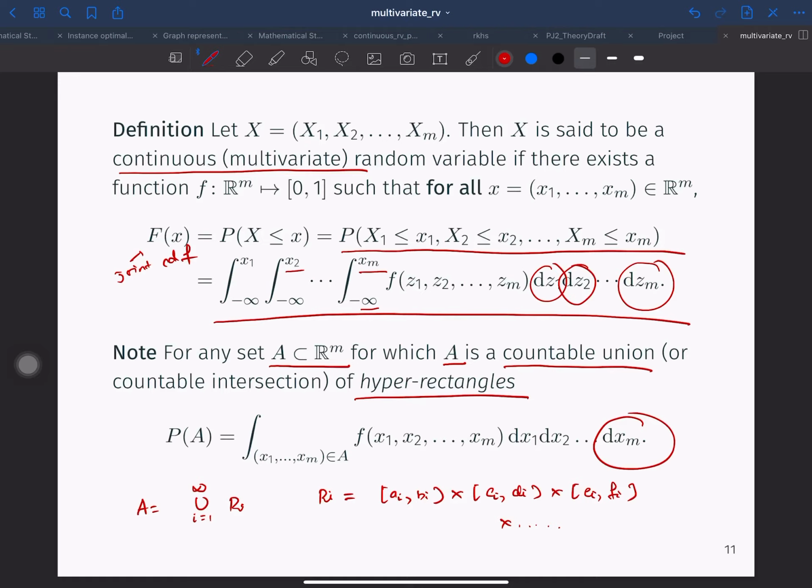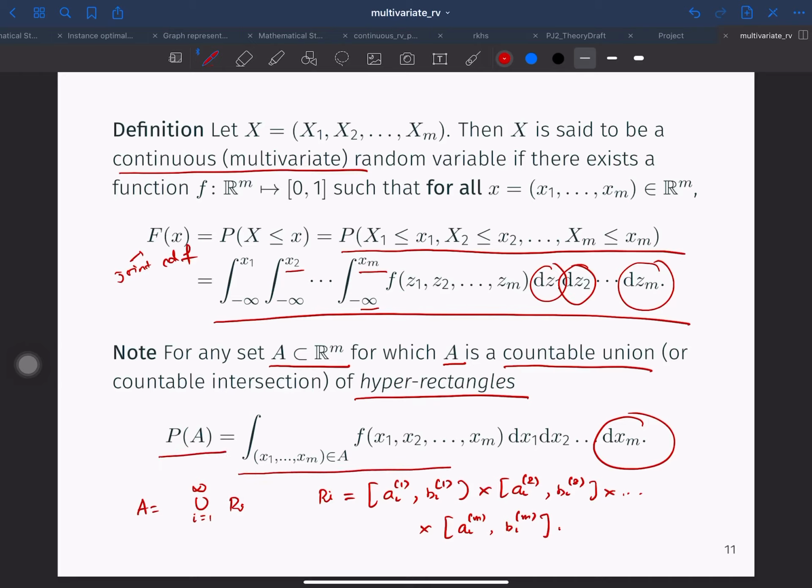To be more accurate, we should fix this notation. We will write Ri as Ai1 to Bi1 product with Ai2, Bi2 product all the way up to Aim and Bim. But you get what I mean. For this kind of set, the probability of that set is now written as the integral of a bunch of variables.